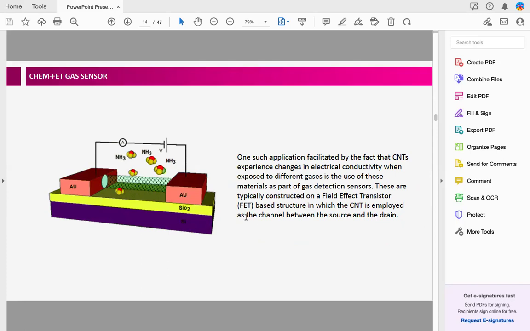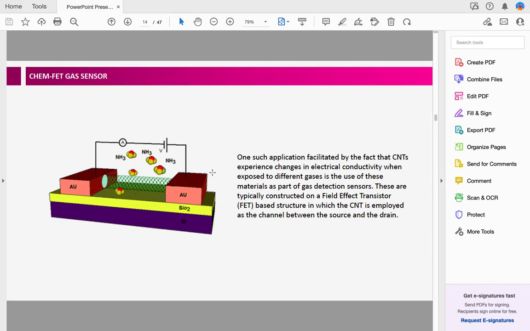So there is a change of resistance if the material here is being exposed to certain volatile compound. You can see here voltage, ampere. So there is a change of resistance, voltage as well as ampere, or in this case current.